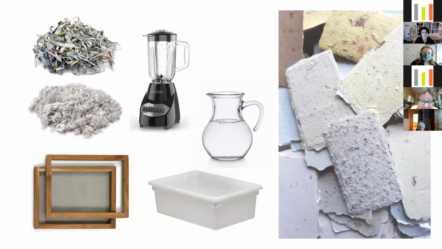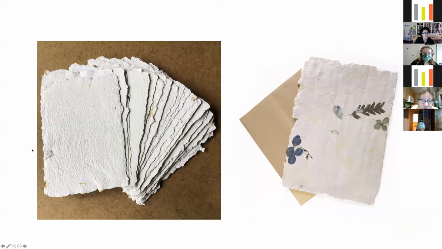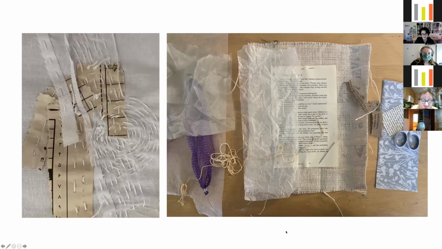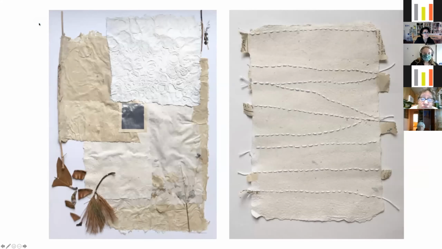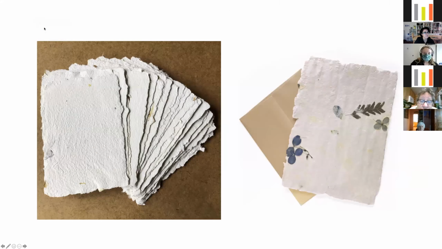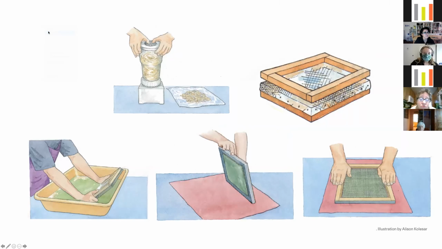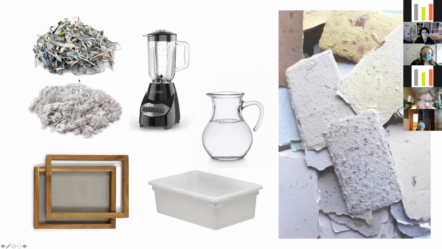Just to go over it. Basically, I shred the paper, and then I put the paper in the blender, add water to it, and what I get is pulp, paper pulp.